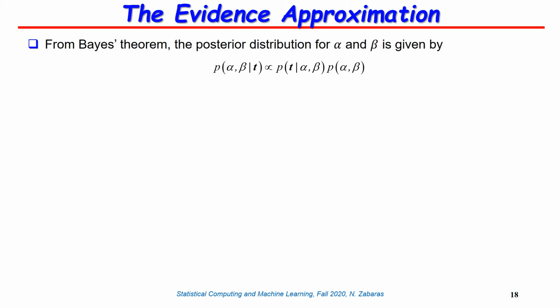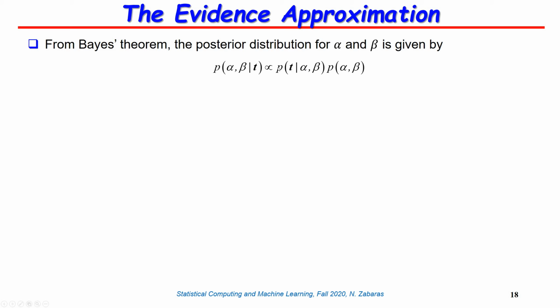This equation gives you the posterior of alpha and beta, and I'm writing this as the marginal likelihood times the prior. If you take the joint prior on alpha and beta to be a uniform, uninformative prior, equal to 1, then the posterior on alpha and beta is actually the same as the marginal likelihood written down as a function of alpha and beta.